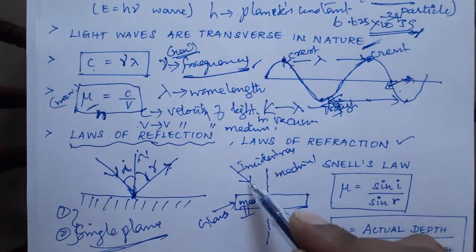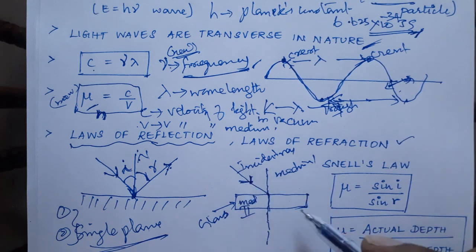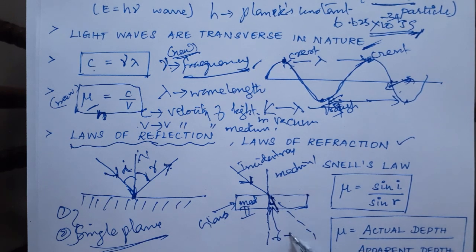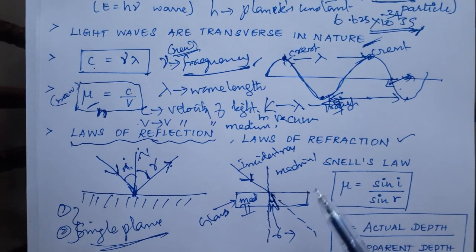Now, whenever a light ray encounters a second medium, that means a ray passing from one medium to another medium, it no longer passes straight, but gets deviated. This phenomenon is called refraction. Through some angle, here this angle R is the angle of refraction. Don't get confused between reflection and refraction.